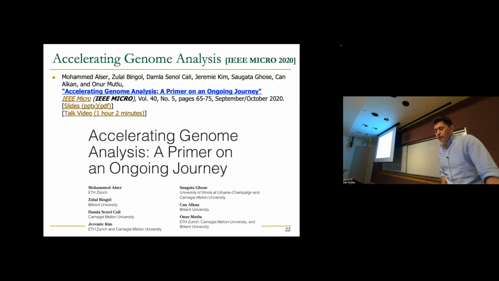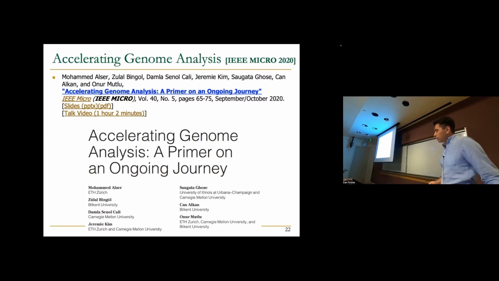Right. So in our group, we're looking at in-memory technologies where we can process the data where the data resides, or near-memory technologies such that we can process the data very close to the memory itself. This enables us to either avoid or minimize the data movement costs so that we can make the computations quickly and efficiently.